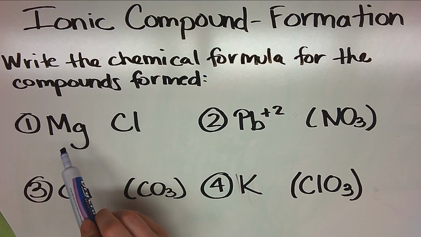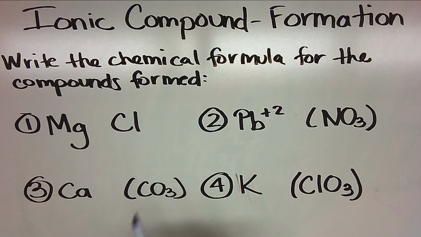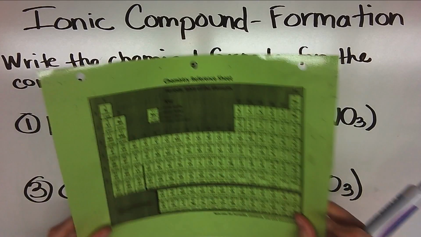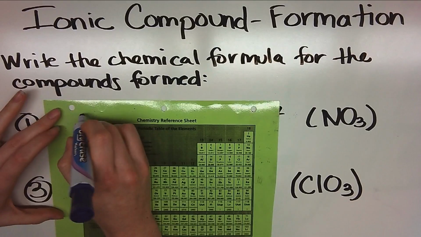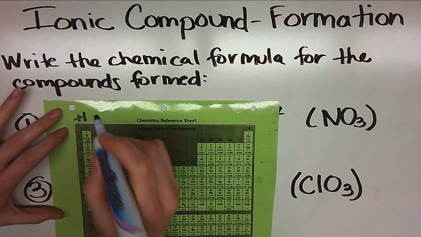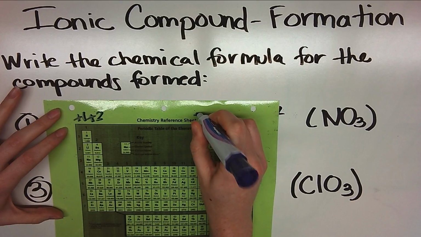So number one, we have magnesium and chlorine. What we need to do is figure out what the charge would be if they were to form an ion. So remember a periodic table trick. If it falls in group 1, it'll have a +1. Group 2 is +2.